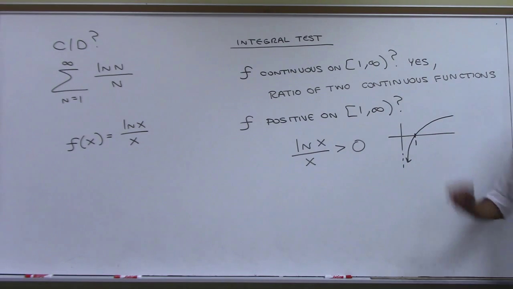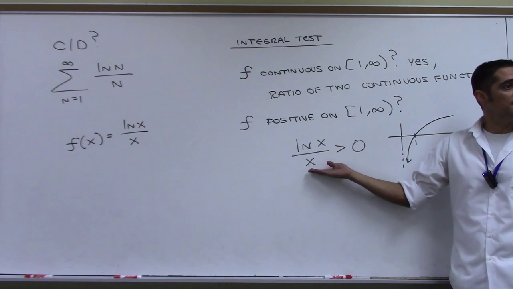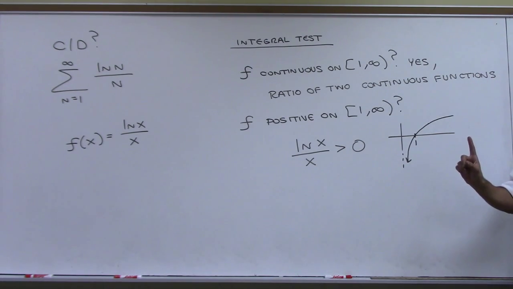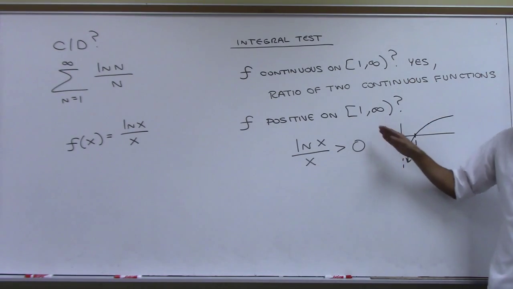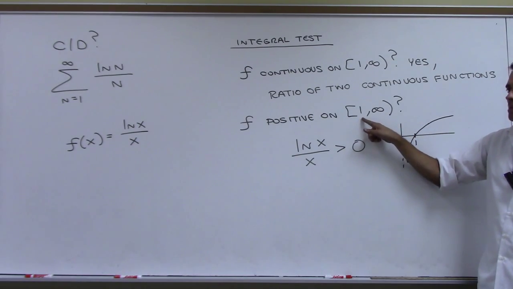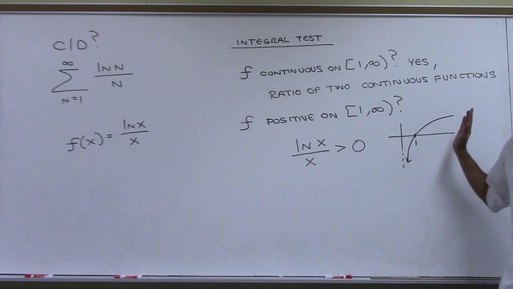But after 1, what is it? The top's positive, and of course the bottom is going to be positive because x is positive. So there's only one place where it's not positive, right? So this condition of being positive on the interval, do you think I violated it by being not positive at one point? It turns out it's okay as long as after that it's positive.